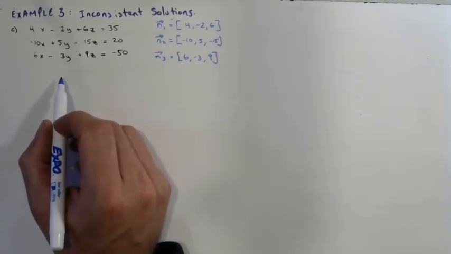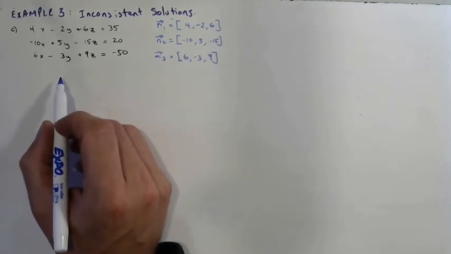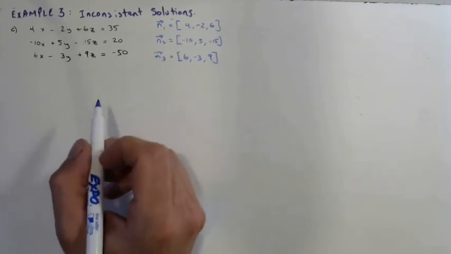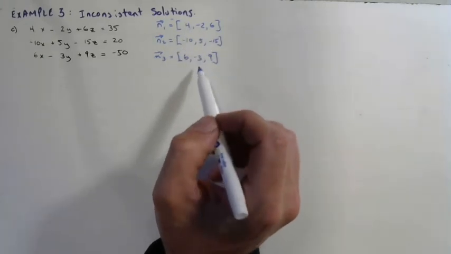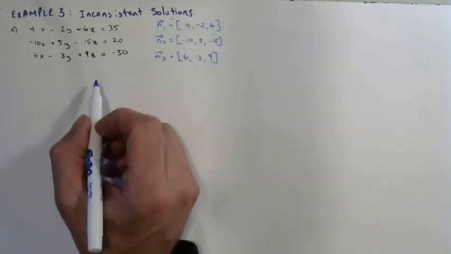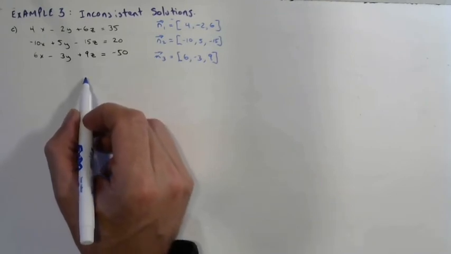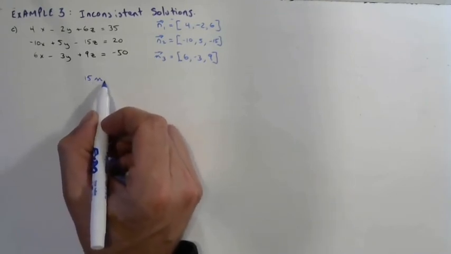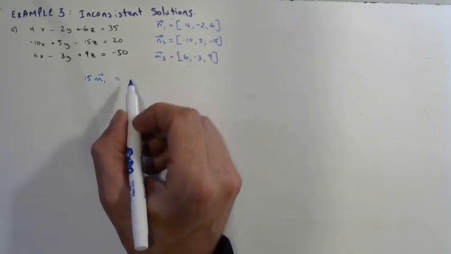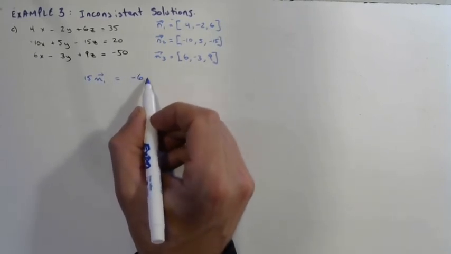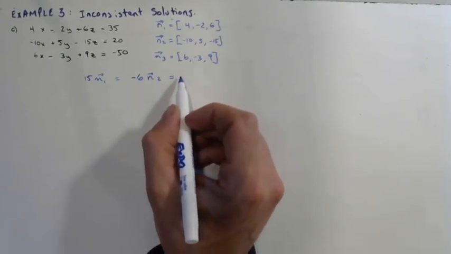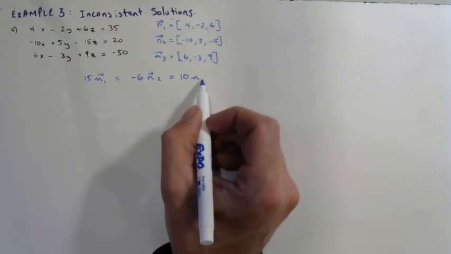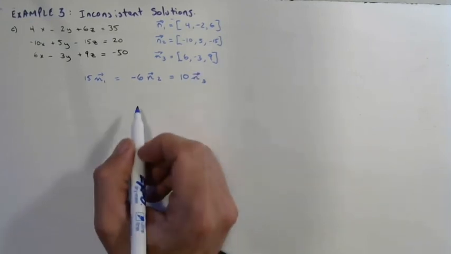So let me write that. I'm just going to give you what they end up being multiplied by, because we need to find a common multiple between 4, 10, and 6, as well as 2, 5, and 3, and 6, 15, and 9. So 15 times n1 is equal to -6 times n2 is equal to 10 times n3.